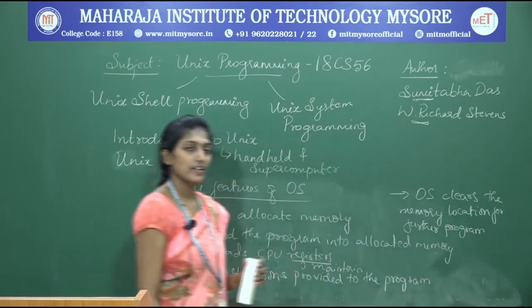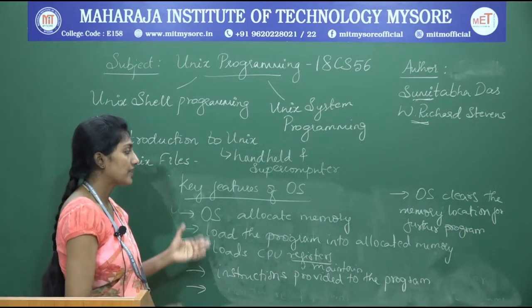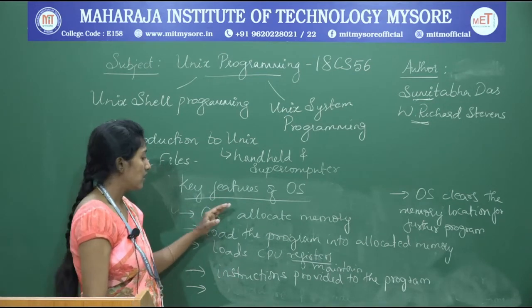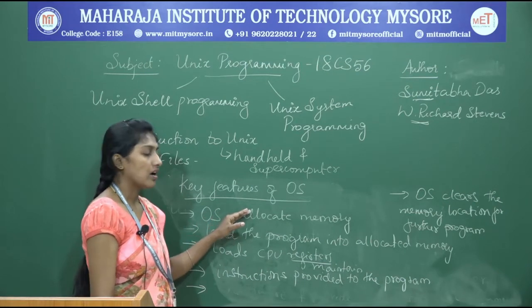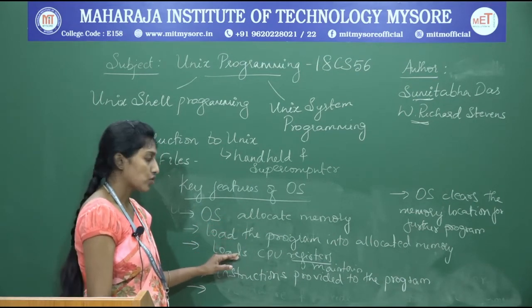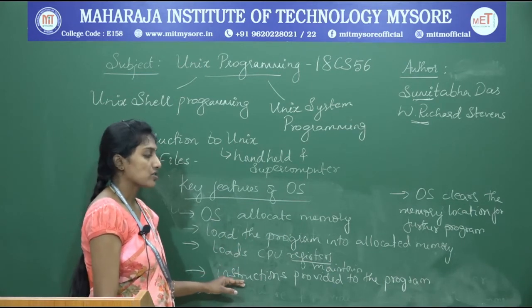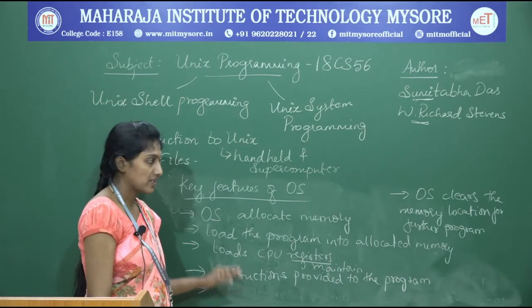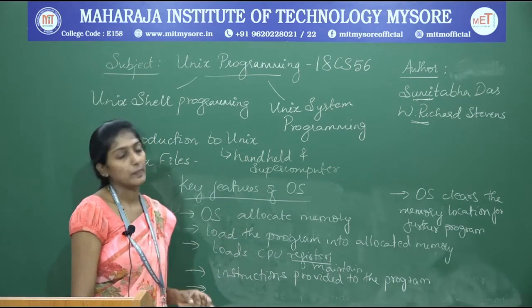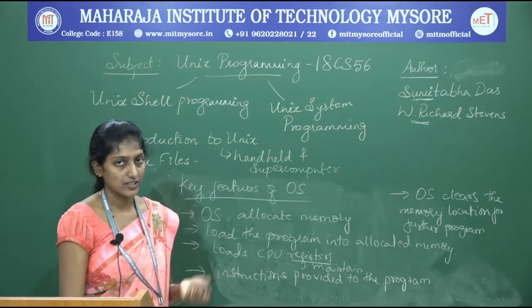These are the common key features of an operating system and how it works. Each time it allocates memory for any program you have written, loads the same program, then loads the CPU registers, then the instructions provided to that program get executed by the CPU, and finally after the execution it clears the memory location for the next program.